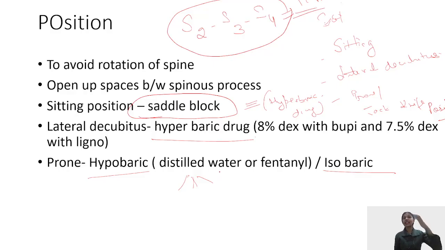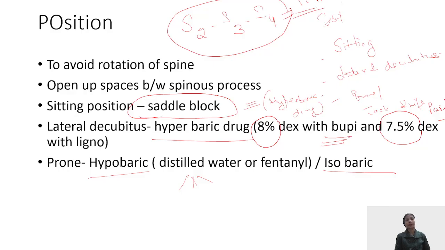They are made hyperbaric by the addition of dextrose. The percentage of dextrose has to be remembered. In bupivacaine, we have 8% dextrose, whereas in lignocaine, we have 7.5% dextrose. Lignocaine is not used these days for spinal anesthesia because of the neurotoxicity, cauda equina syndrome, and transient neurological symptoms that it caused. So generally, we are using heavy bupivacaine or the enantiomers of bupivacaine. They have 8% dextrose in them.